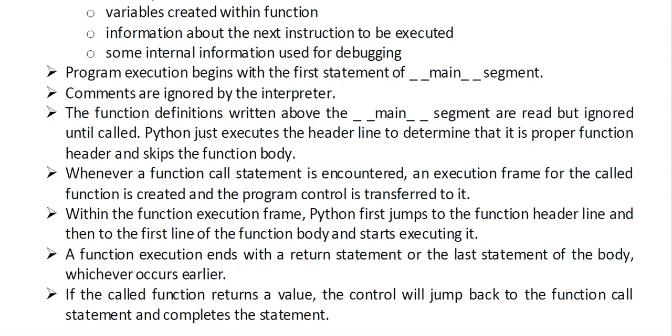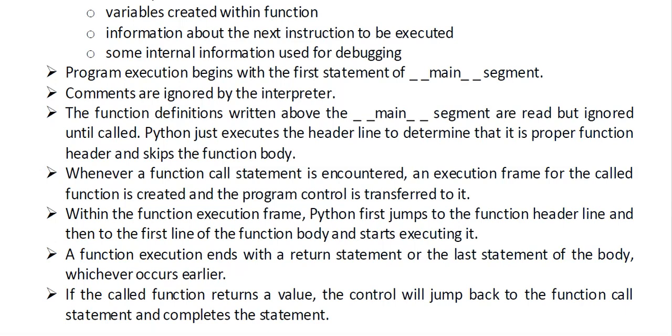The function definitions written above the main segment are read but ignored until called. The definitions at the beginning of the program are read by the interpreter but not executed, because they will be executed when they are called. So they are read but not executed.